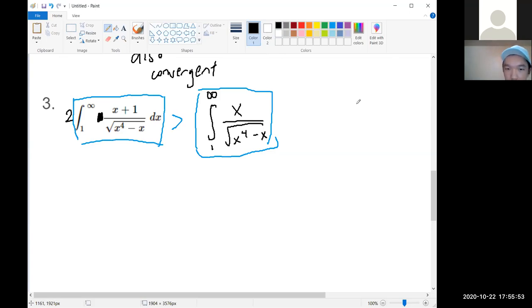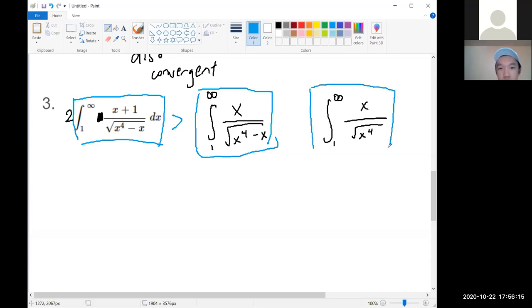Consider this one right here. So I'll have the numerator stay the same, but in the denominator, I'm going to take out the minus x. So consider this one. What do you guys think would be the inequality between the second and third integral? Less than?